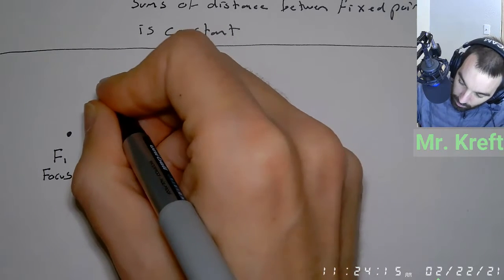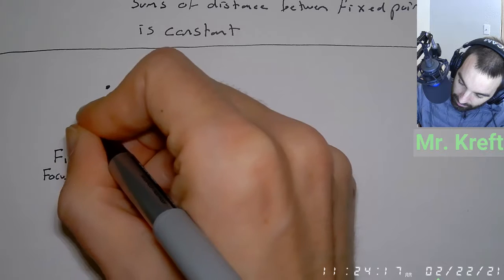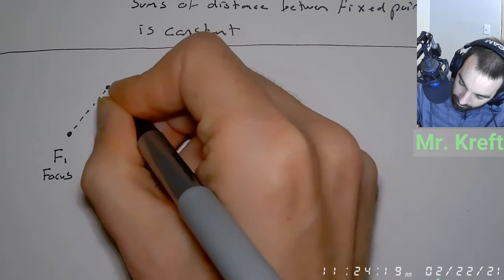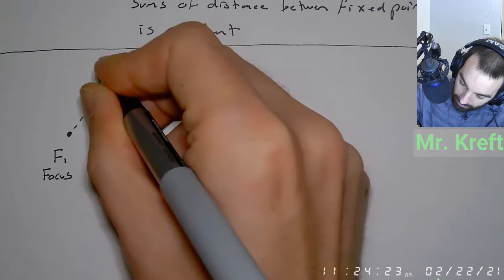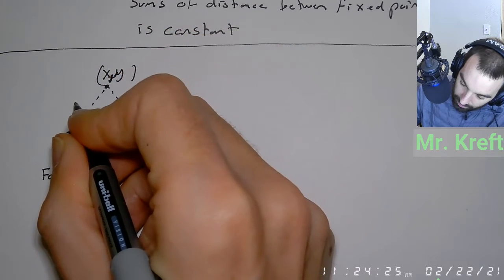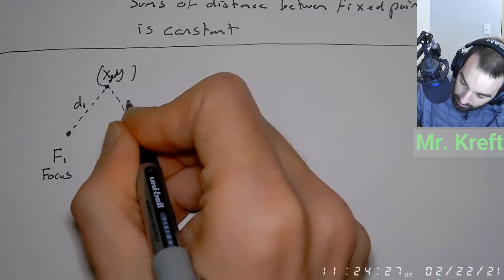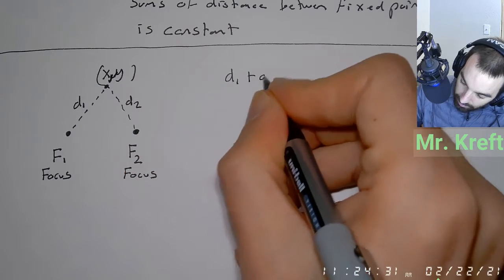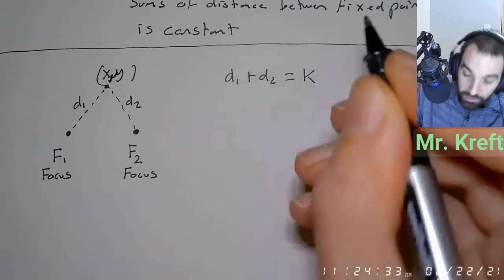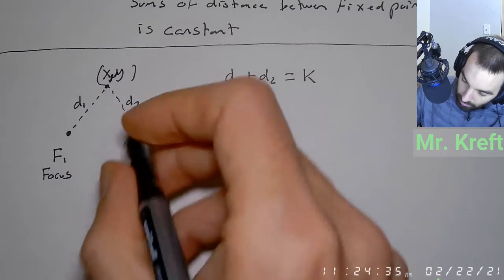What we're doing here is creating points, with coordinates x, y. This distance here is d1 and this is d2, and d1 plus d2 will always equal the same constant k.